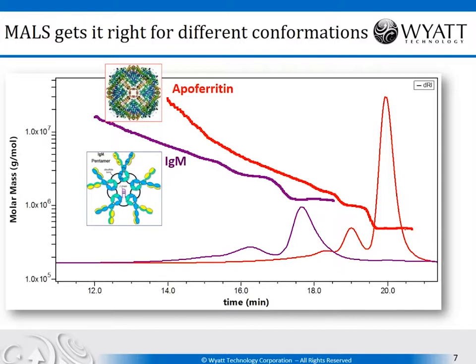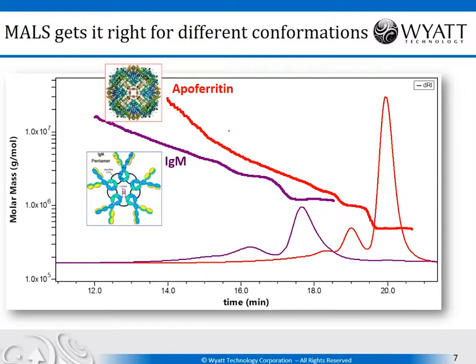So information that you can't learn from standard SEC is how uniform the peaks are. Here the light scattering tells us that we have very homogeneous solutions in each of these peaks, so these are monodispersed peaks, and then shows us the molecular weight, which ranges here from the tens of thousands all the way up to aggregates, which are in the tens of millions.